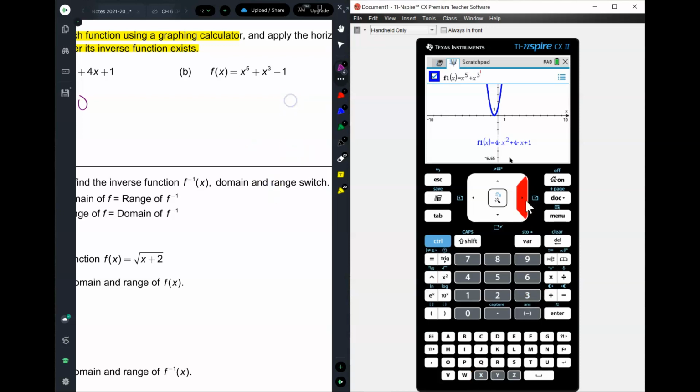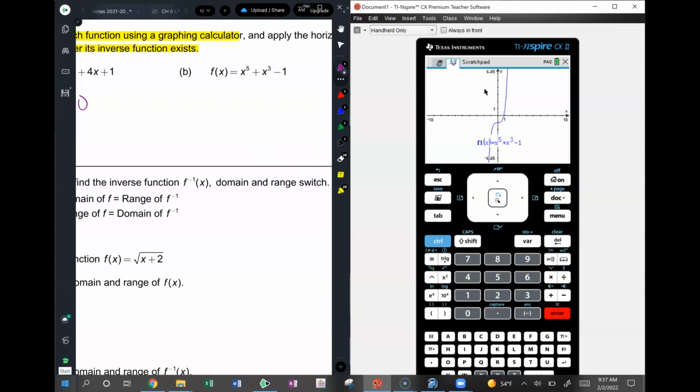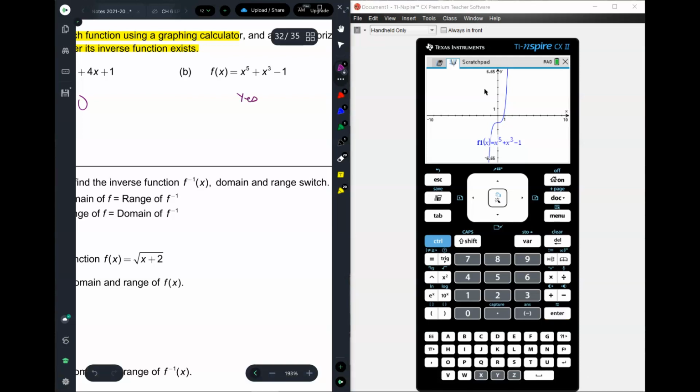Actually, I had these graphed ahead of time and then I had to restart my calculator, so they went away. Plus x cubed minus 1. Okay, so what do you think? Does this pass the horizontal line test? Yes, it passes the horizontal line test. All that means is now, when we find the inverse of it, it will be a function. That's all it means. Okay?